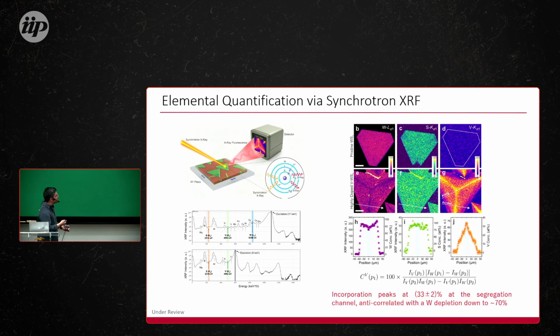Intriguing is to take a line profile across, we can see there is a reduction of the tungsten. This is about 70%, and here is about 33%. So it's proportional, kind of. Of course, it's inside of the error bar.